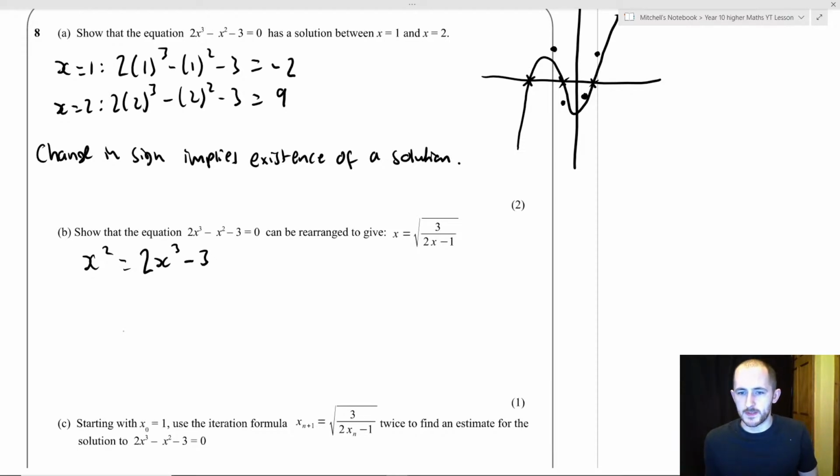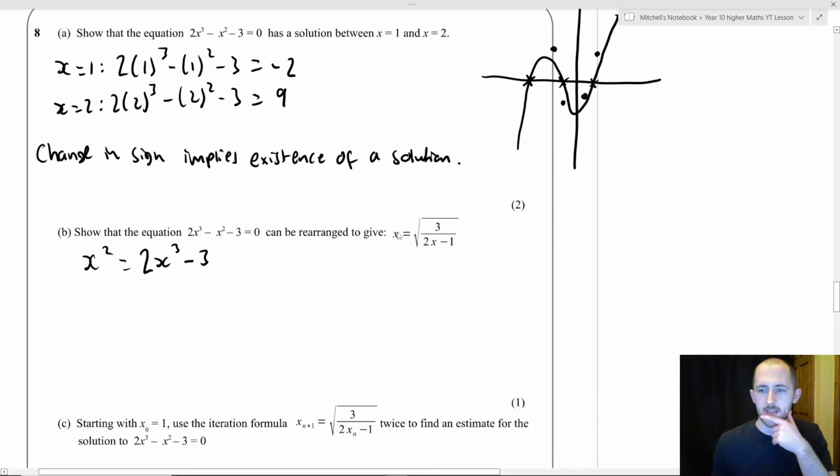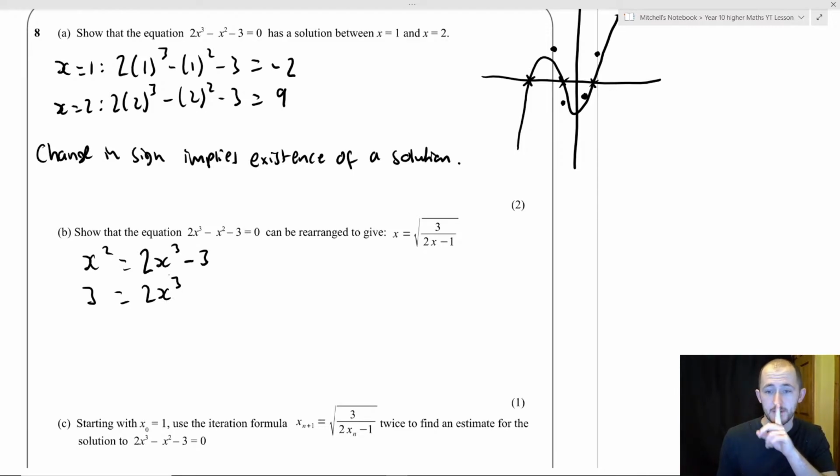So what I'd probably want to do next is, again, continuously think about what you need to do. Actually what might have been better for me to have done is to, because the 3 is positive, move the 3 over here and the x squared over there. And then not divide by x cubed.